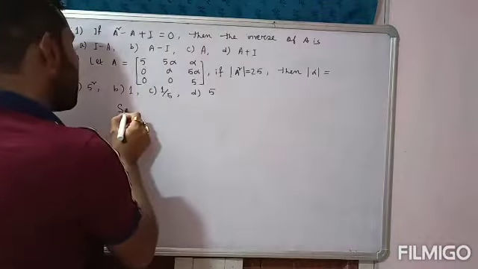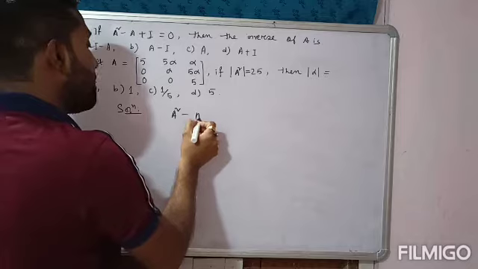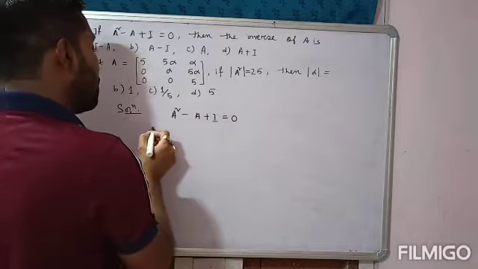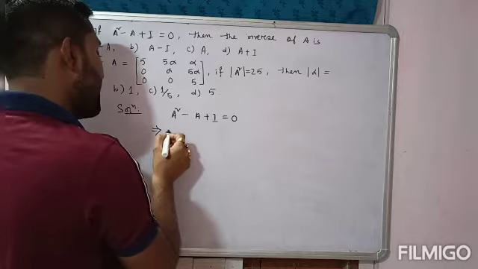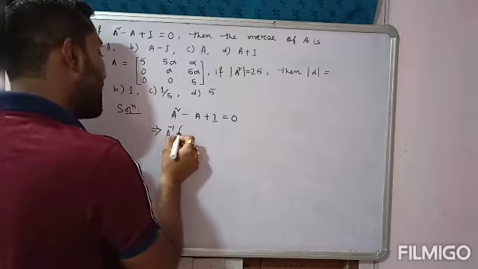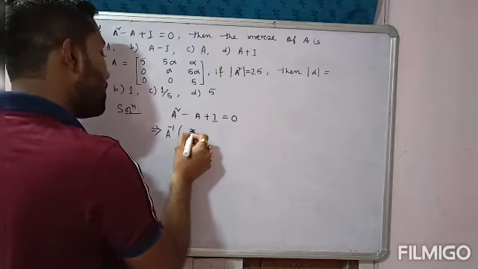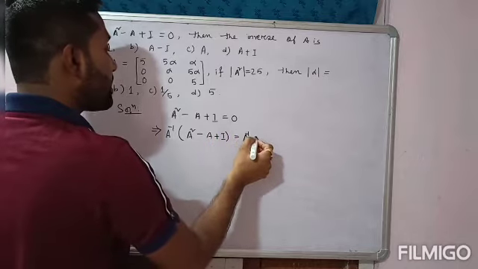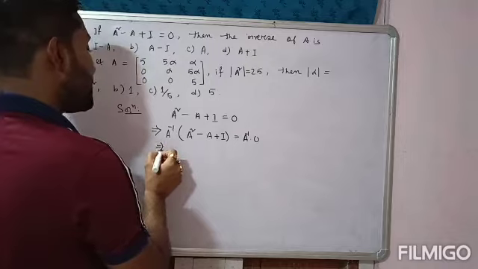Question number 1. Here the equation is given, A square minus A plus I is equal to 0. To find the inverse of A, you have to pre-multiply A inverse on both sides of the equation, that is A inverse whole into A square minus A plus I is equal to A inverse into 0. Now expand it.